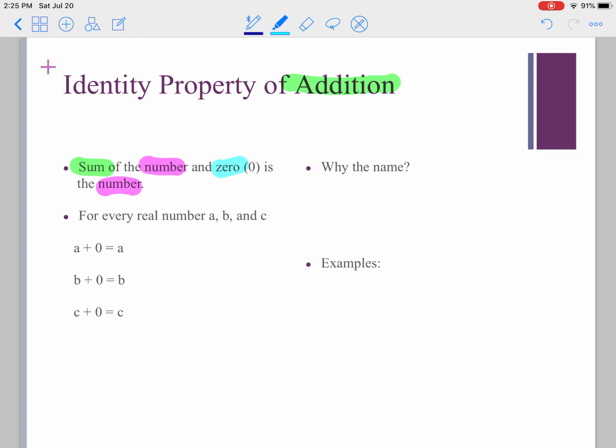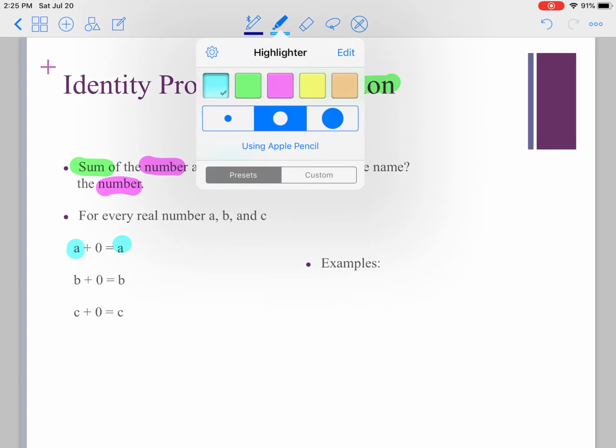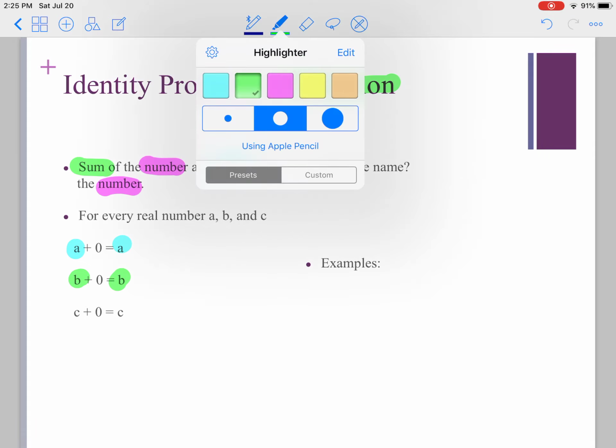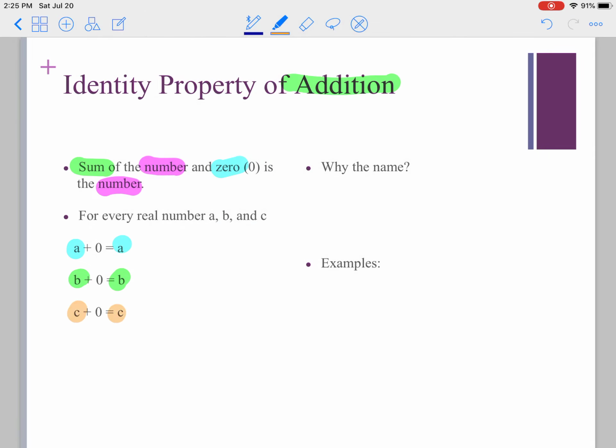And once again, we have generalized it here, where a plus 0 is going to be a. You can substitute any value in for that a. A is just a variable. It's a placeholder at the moment. Same for b plus 0 is b. And finally, c plus 0 is c.